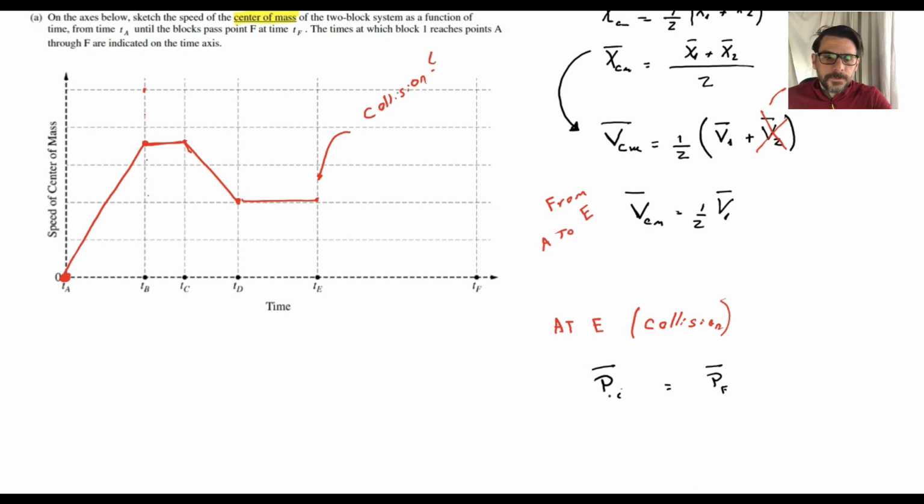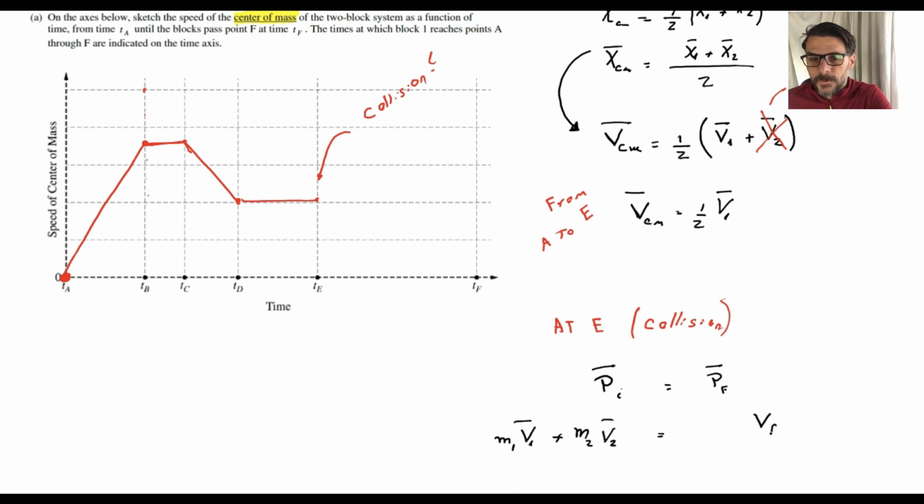Now, what I just wrote here is that the initial momentum is the same as the final momentum. Initial momentum, in any situation involving two objects, we'll say is something like the mass of the first object times the velocity of the first object, plus the mass of the second object times the velocity of the second object, equals... Now, for any plastic collision, there is only one final velocity.